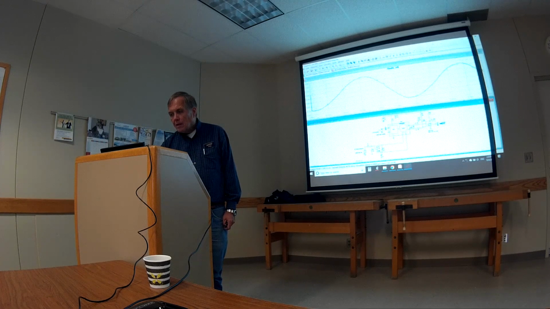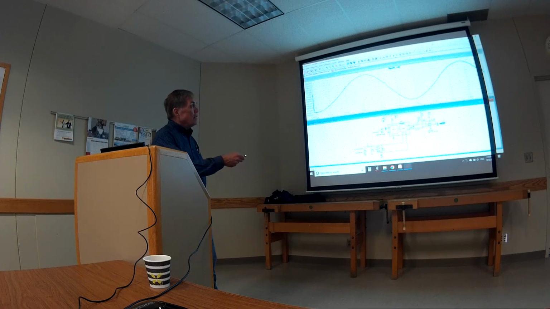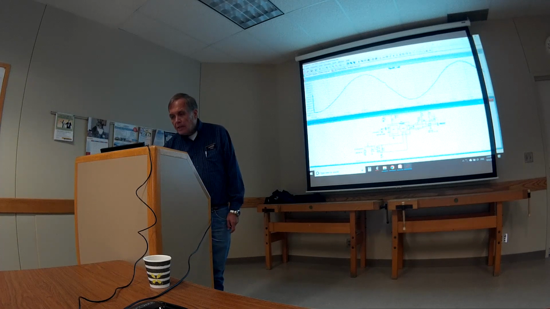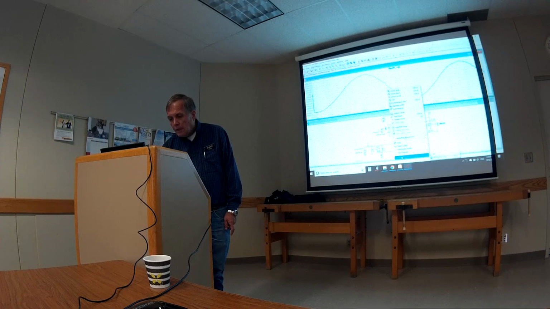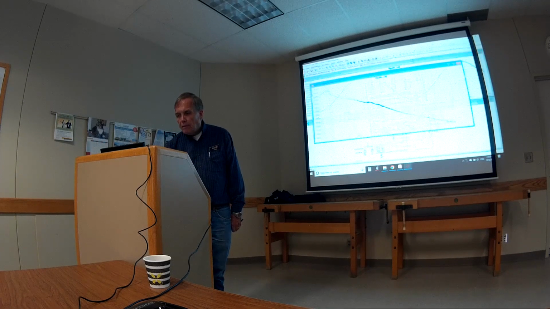What's the time scale here? It's 3 milliseconds total. Okay, 0 to 3 milliseconds. So now I'm going to just click on this waveform. I'm going to go down to View, FFT. This is the one waveform there, and you might have several of them on your picture, and you can tell which one you want the FFT of.